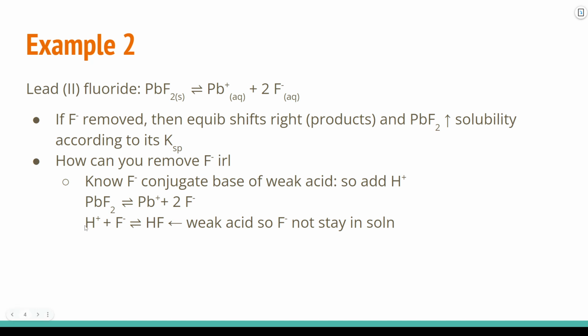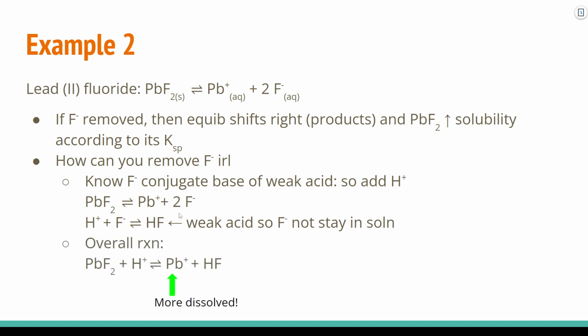Again, F- from earlier, this is the process from earlier. F- is a conjugate base because the F- can grab an H to become HF. That's why it is interacting with the H+ if it's in that solution.